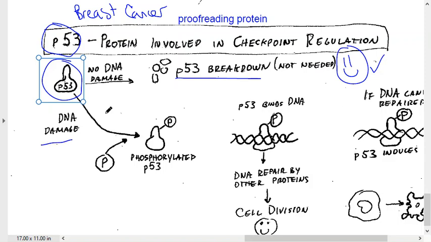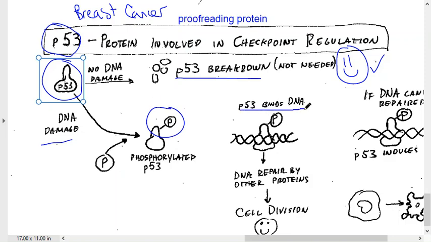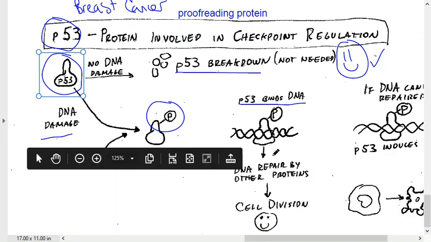If there is DNA damage, P53 gets phosphorylated, which means it gets activated, and that causes it to bind to DNA. It recruits other proteins to help repair the DNA, and then the cell can divide. That's another happy cell, right?